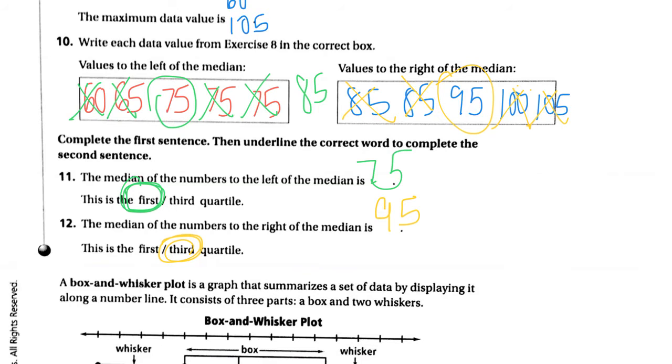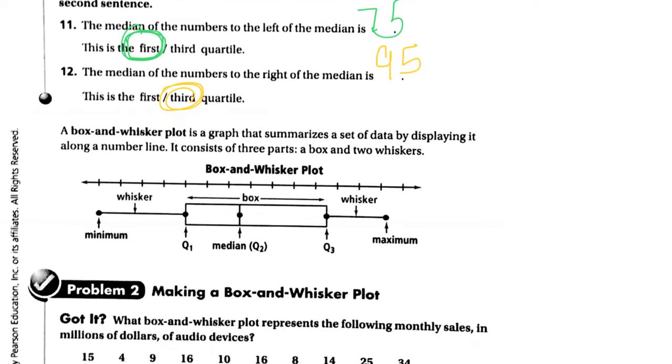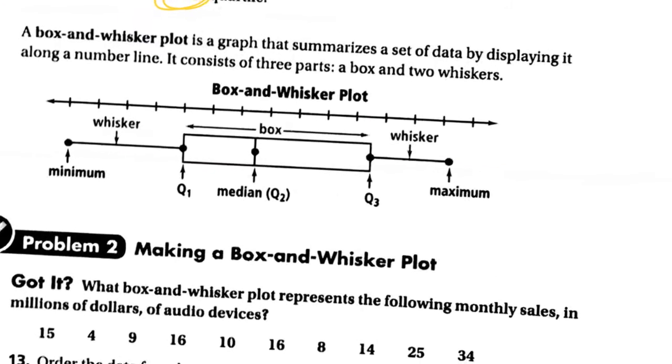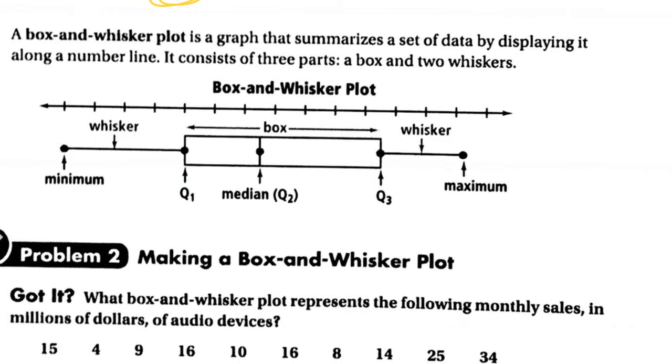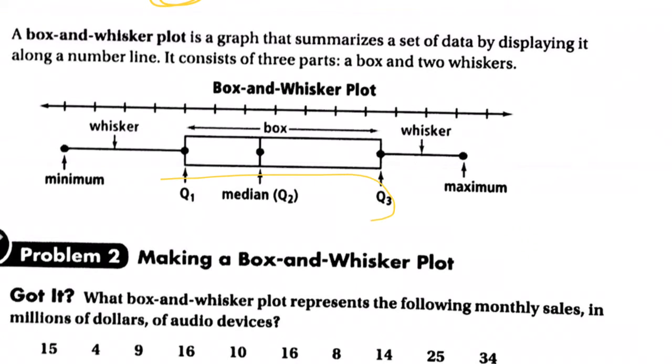So again, the median is the middle number, the first quartile is before the median, and the third quartile is after the median. If we look down here, a box and whisker plot is a graph that summarizes a set of data by displaying it along a number line. It consists of 3 parts, a box and 2 whiskers. What we had just done was calculate the quartiles, and that box is made up of the first, the second, and the third quartiles.